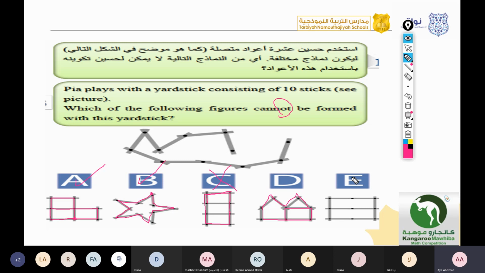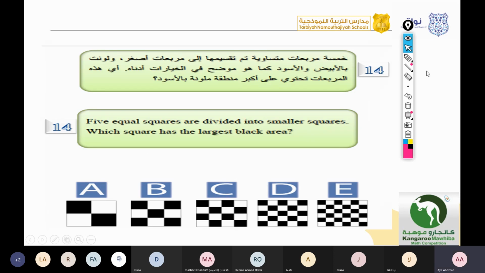Now you understand the point of the question, Lina? Yes. Good job. So are you ready for the next question? Yes. This is easy for you. 5 equal squares are divided into smaller squares.